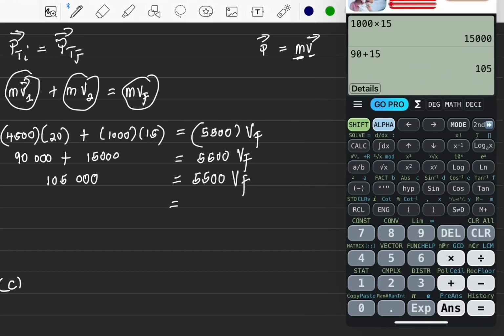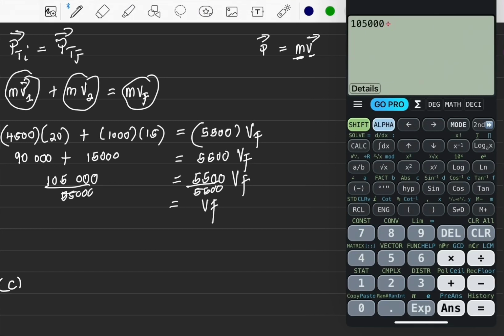5,500 VF. And then you divide by 5,500 on each side, and then your VF is going to be equal to 115,000 divided by 5,500, which is equal to 19.09 meters per second.